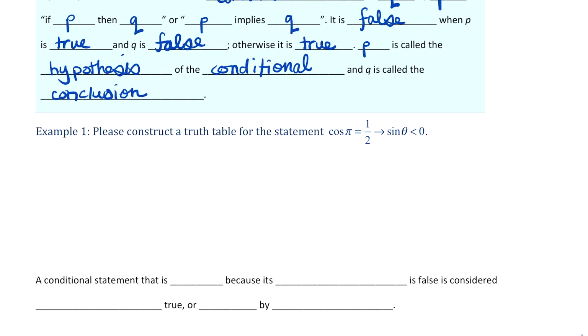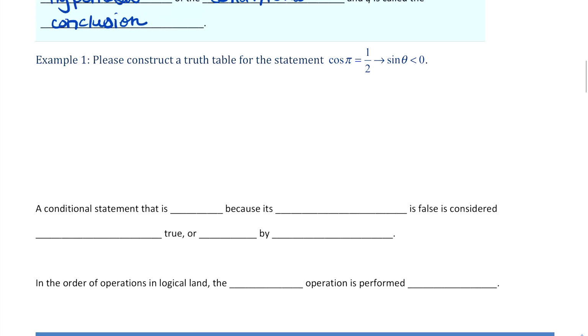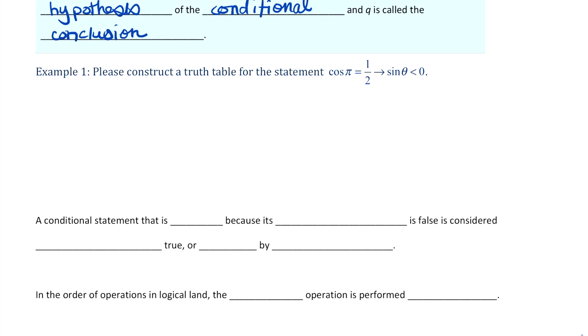So let's check this out. Let's construct a truth table for the statement cosine pi equals 1/2 implies sine pi is less than 0. Well, I think a lot of you just completed pre-calc 2. So what do you think? Is it ever true that cosine pi equals 1/2?